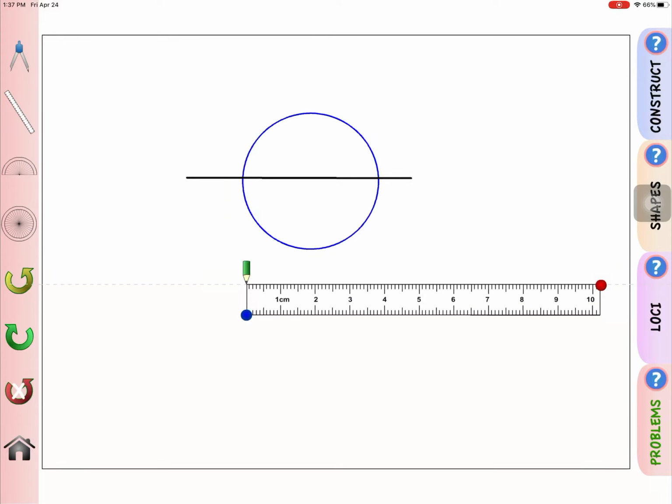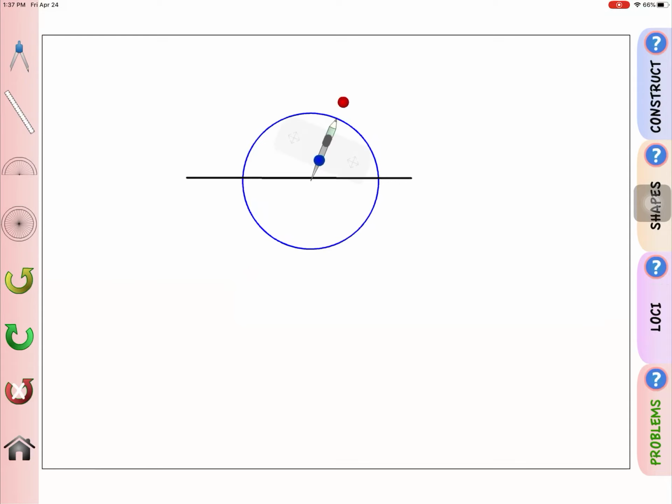Okay, so now what it wants you to do is make your compass, again, a little bit longer than what it was before. So we're going to move this guy around. Oops, sorry. I'm going to figure out where I can move this compass now. We'll move it to this point here. Make it a little bit longer than the 2 centimeters.